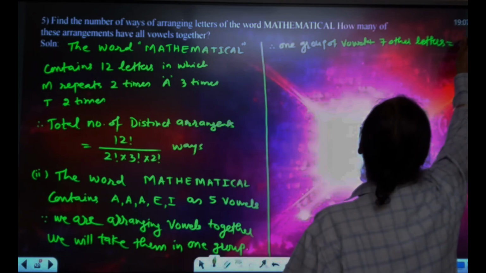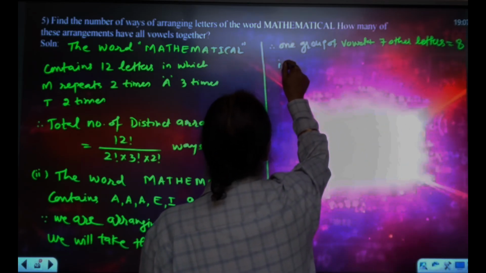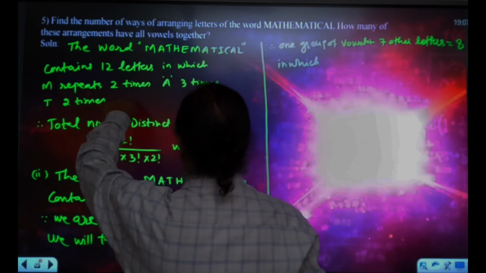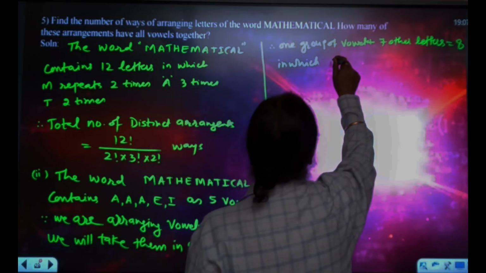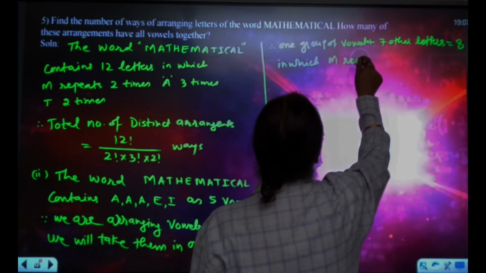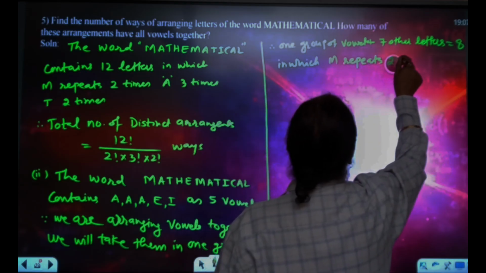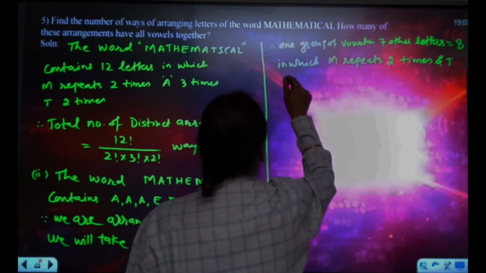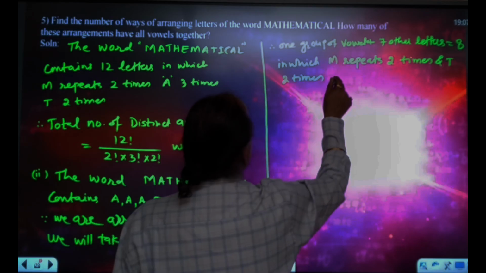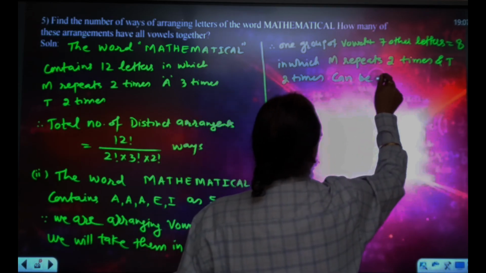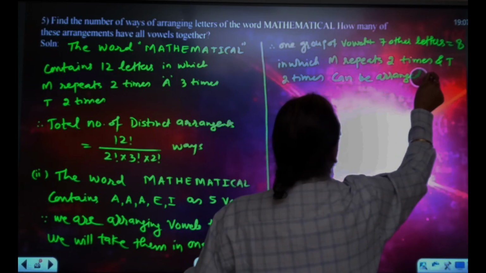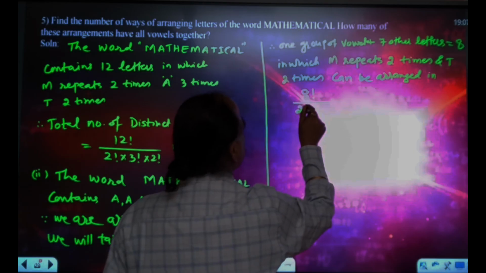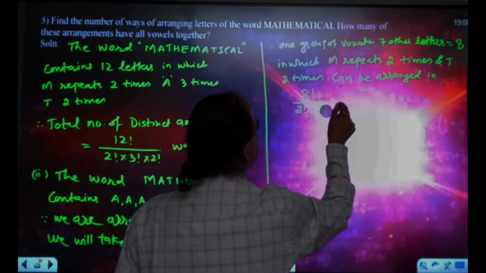If we add them, we will get 8 items, in which M repeats 2 times and T 2 times, can be arranged in 8 factorial divided by 2 factorial into 2 factorial ways.